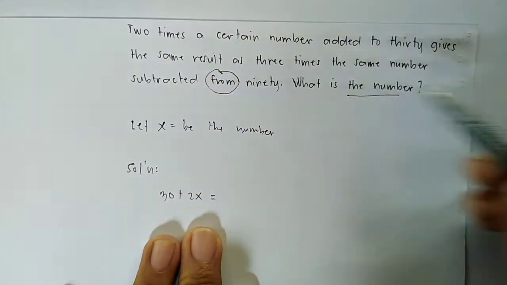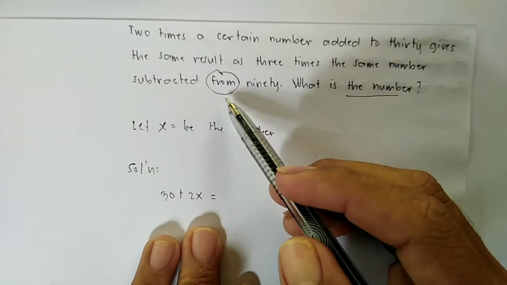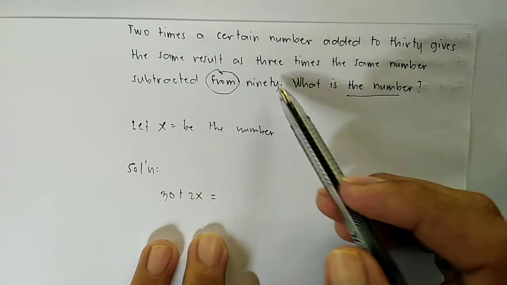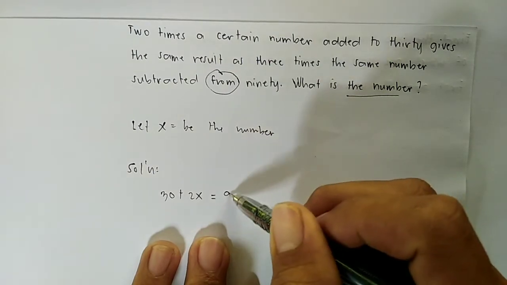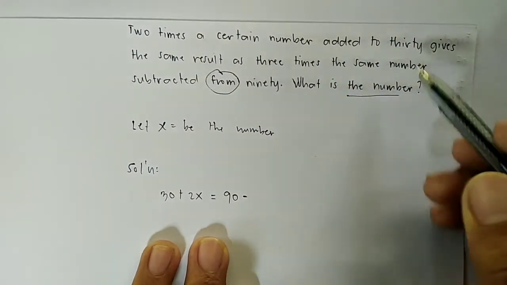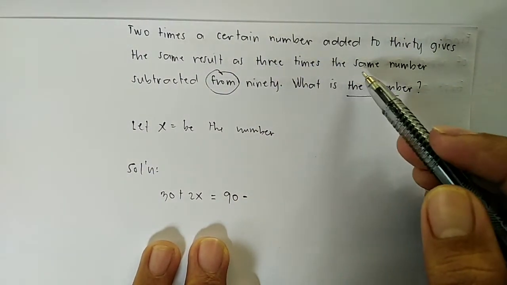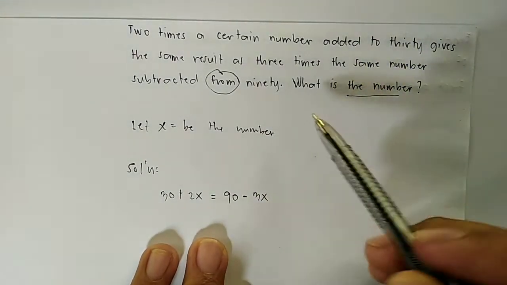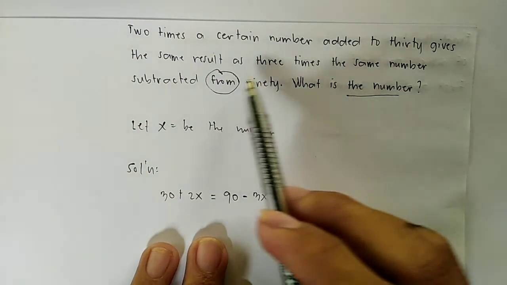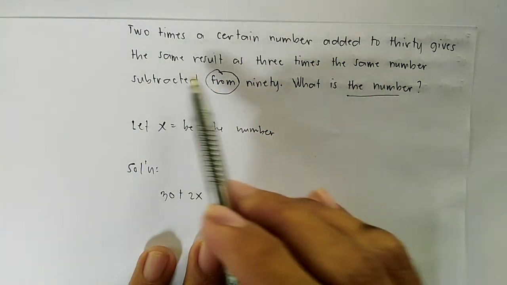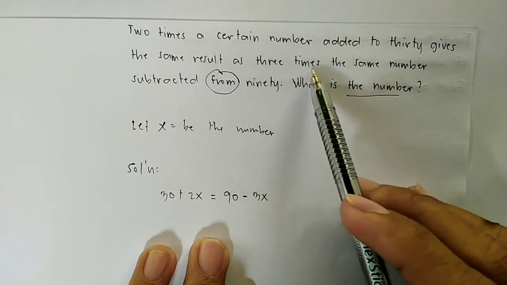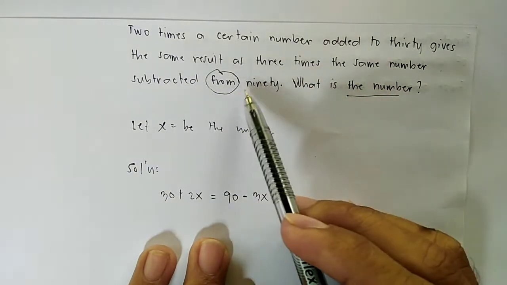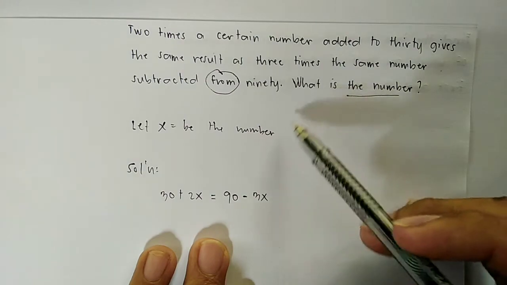Be careful with the word from. Meaning to say, you have to write 90 first, then subtract 3 times the number, which is 3x, since the statement says 3 times the number subtracted from 90.